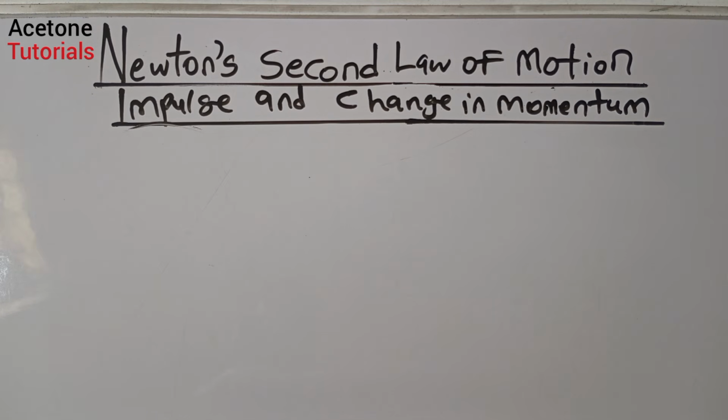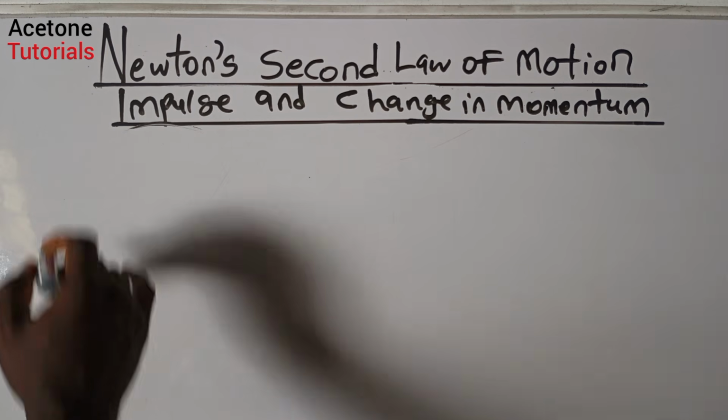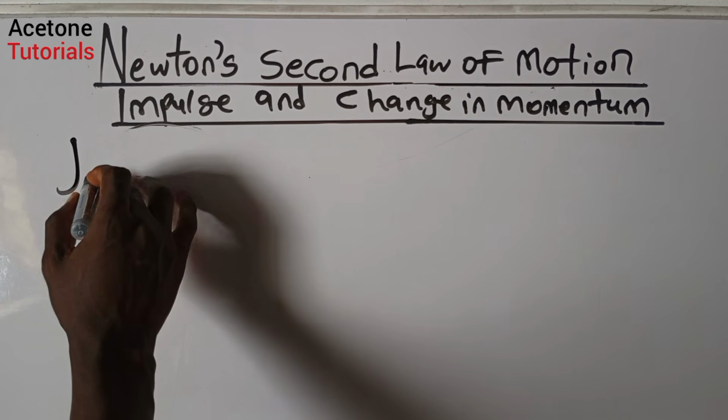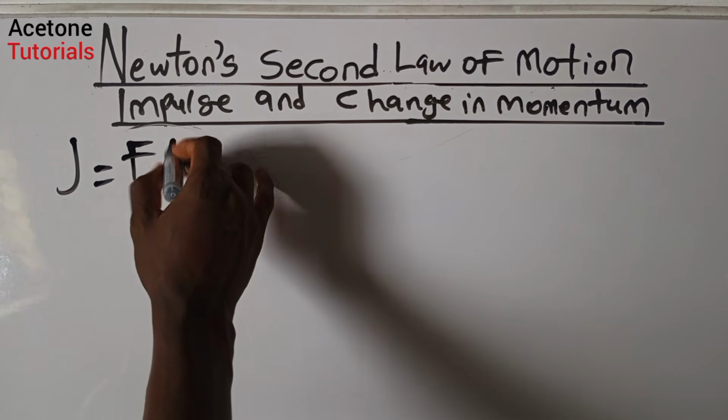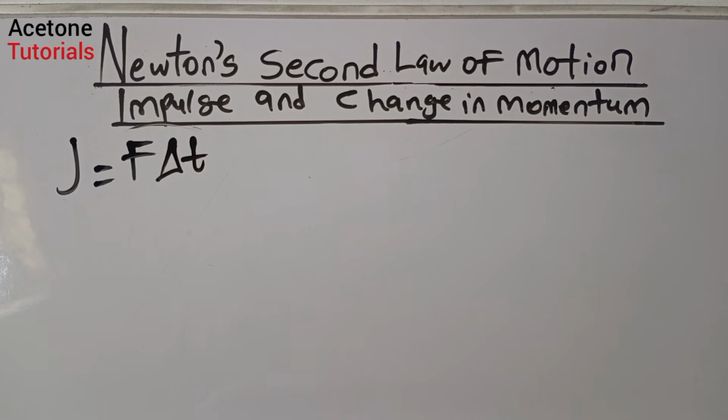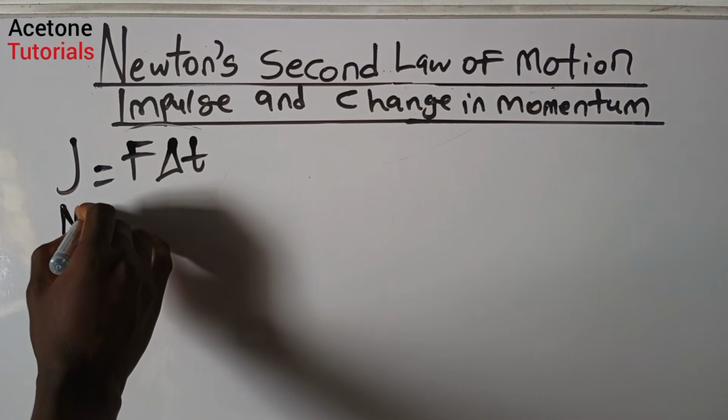The next thing is impulse and change in momentum. Impulse, denoted by J, is equal to the product of the force and the time the force acts. So J equals F change in t. F is in Newton, time is in seconds. So the unit of impulse is Newton seconds.